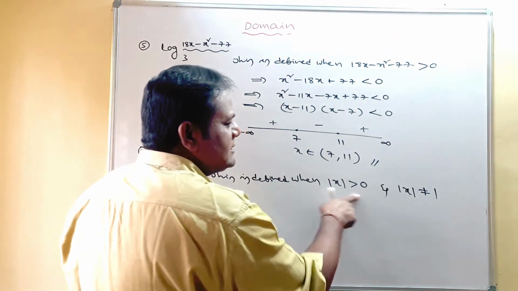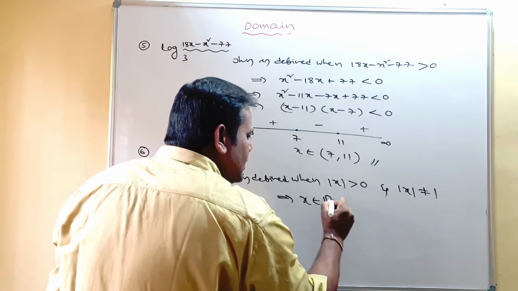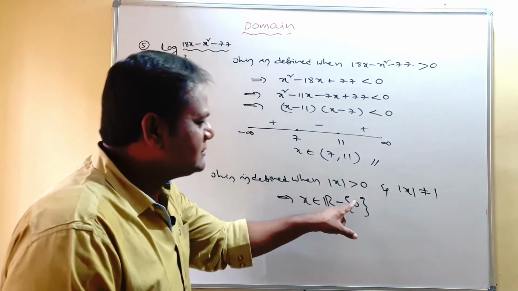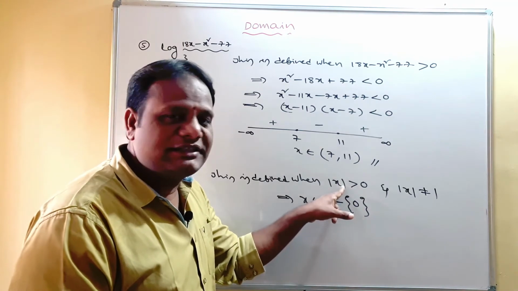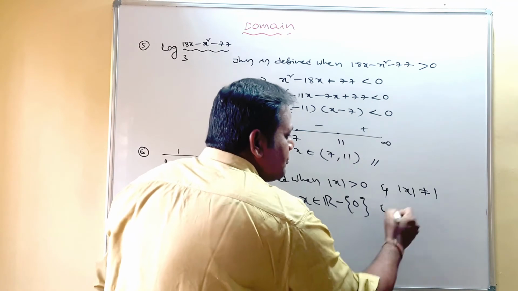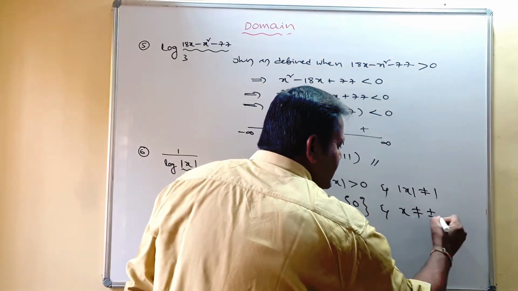You tell me now. When mod x is positive, x belongs to all real numbers except 0. If I take 0, then that is 0. But here we have mod x greater than 0. And mod x not equal to 1 means, removing the modulus, you get plus or minus.